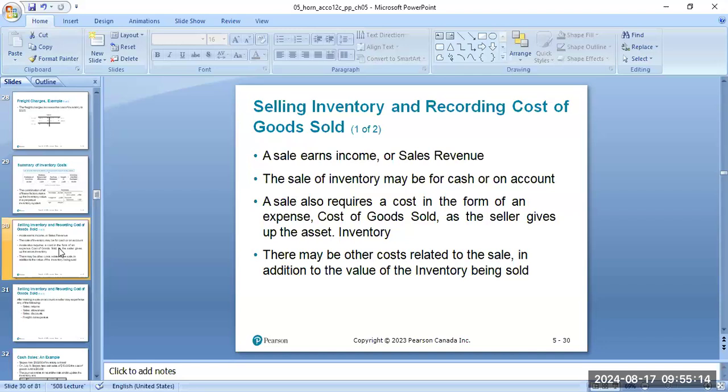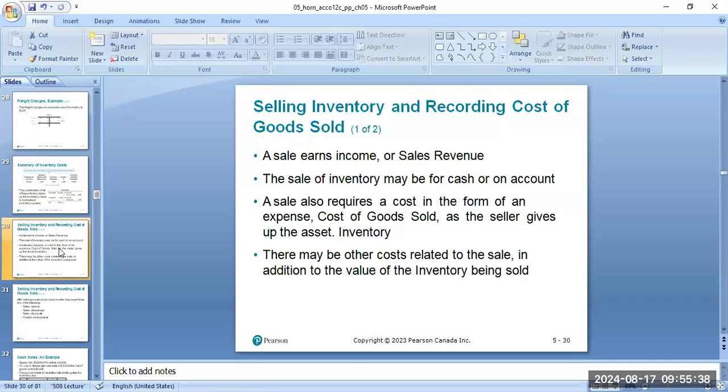Which account are we going to debit? We're going to debit an income statement account called cost of goods sold. So we're going to have debit cost of goods sold, credit inventory for the number of items that we just sold times the cost per unit, the total cost.